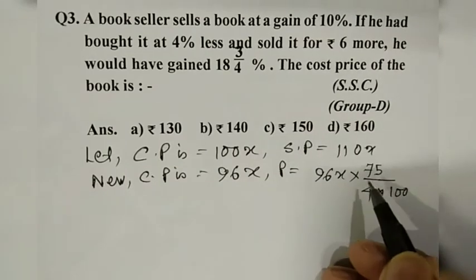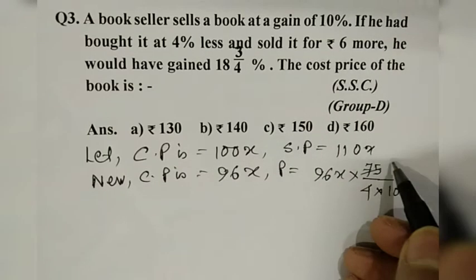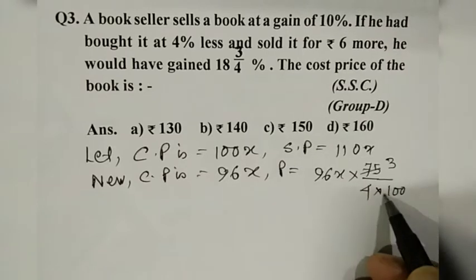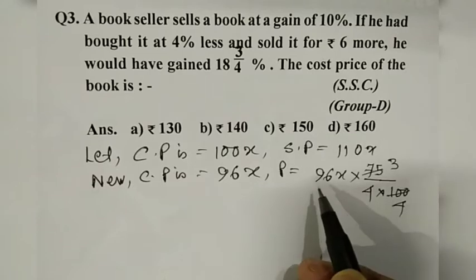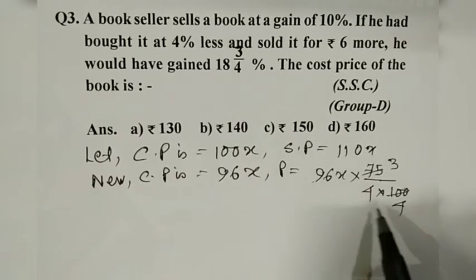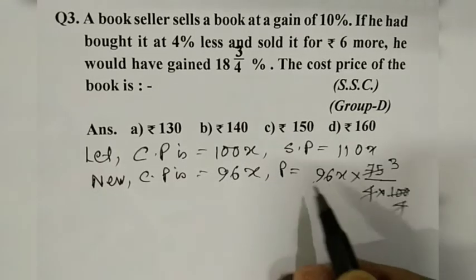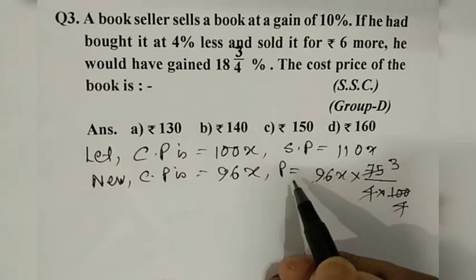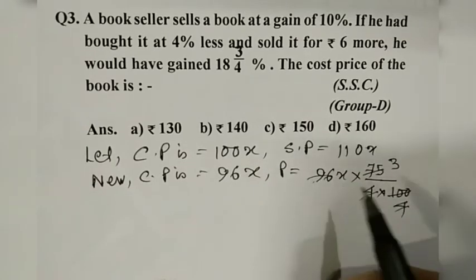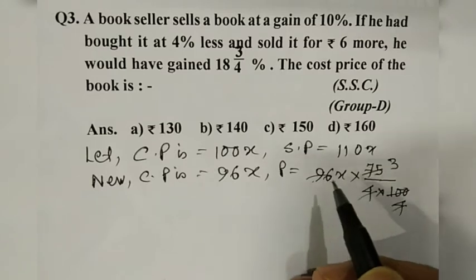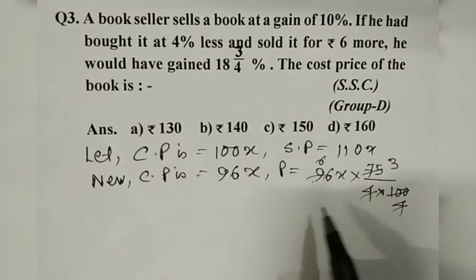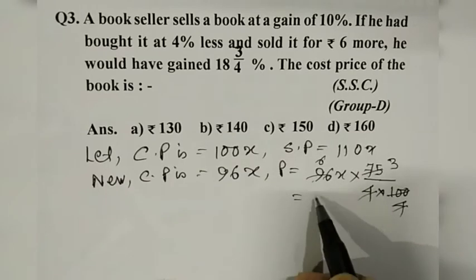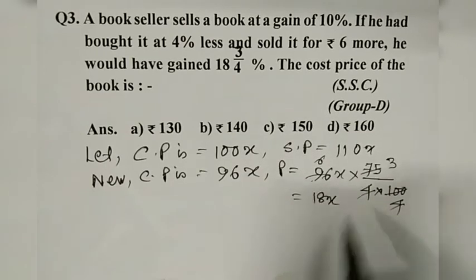Okay, divided by 25, 3, 4. 4 into 4, 16. 96 by 16, 6. 6x into 3 equal to 18x.